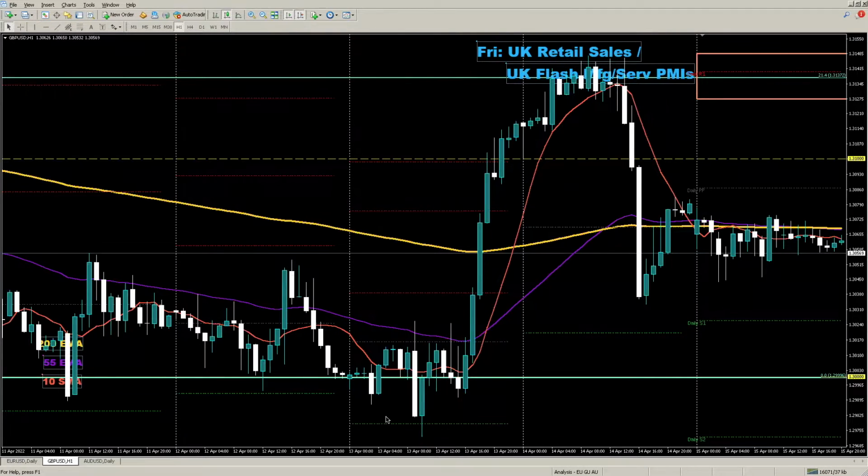And this was a 1-hour inverted head and shoulders here. And after breaking out from the 55 period EMA, it blasted through to hit the 131.